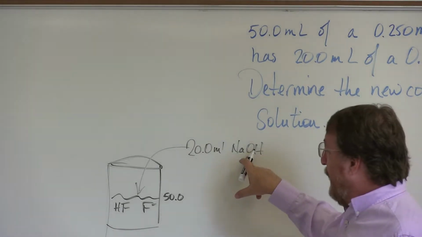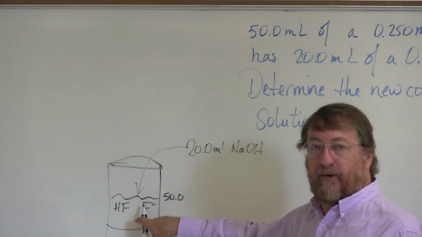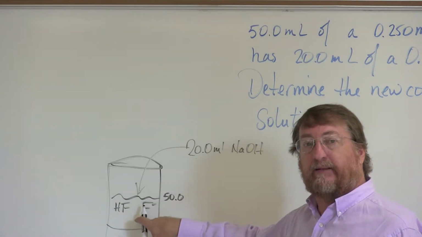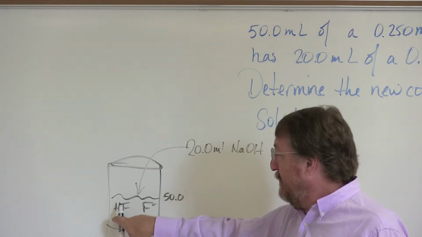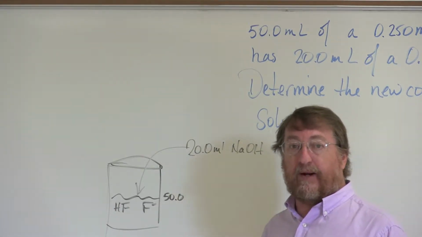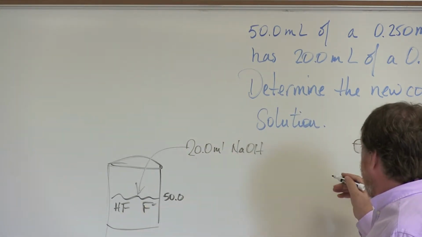Since we're adding a base, you would immediately look at your buffer and ask which component is the acid component of the buffer. Every buffer has an acid component and a base component. The acid component clearly is the HF. So let's write the reaction between sodium hydroxide and hydrofluoric acid.